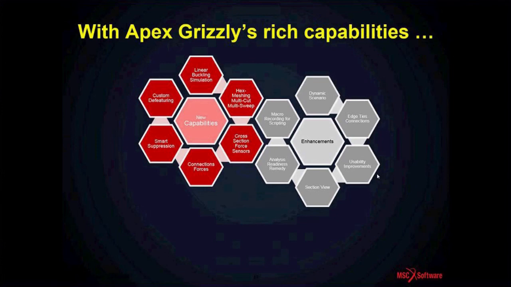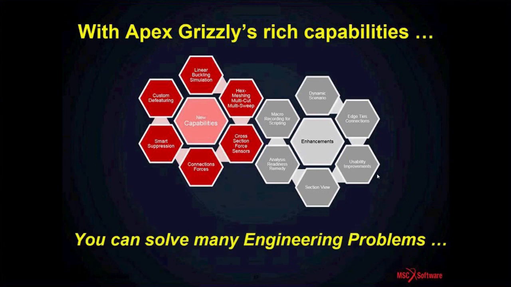All these things will help you to do a simulation on any complex structures like large fabricated structures. And with these capabilities, now we believe you can solve many engineering problems.